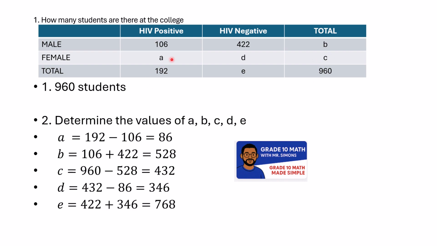So 432 minus the 86 of A gives me D as 346. So if D is 346, 422 plus 346 gives me 768. There we worked out E.